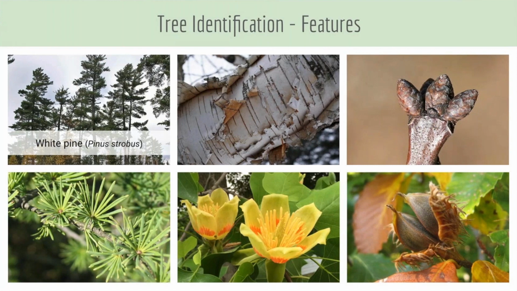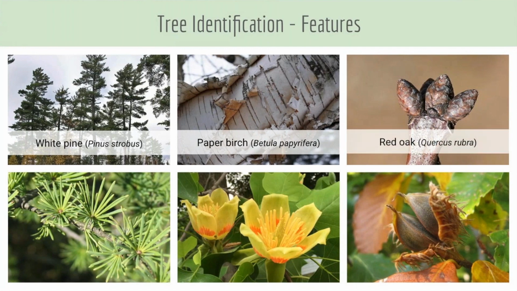So first off here for white pine, it has a very distinctive form that looks windswept. It also has a tendency to peek through the canopy of the forest, and it'll probably be one of the tallest trees. Next, we have paper birch. And like its name, it has very thin, papery-like bark that comes off in strips.